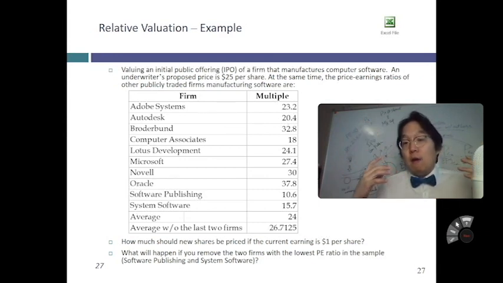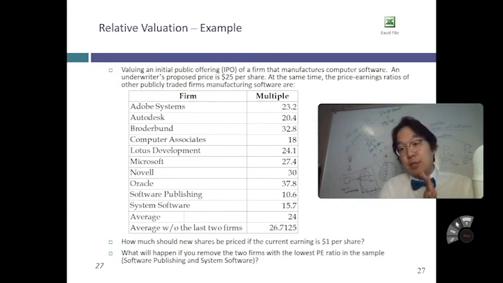So based on these industry peers, you can take the average of the PE ratio, which is 24 times. But before you directly take this 24 times as the representative PE ratio of your industry, you have to stop and think. Some of those PE ratios seem to be outliers. Top and bottom ones, just take them out because they may be screwing up our estimation of the average.